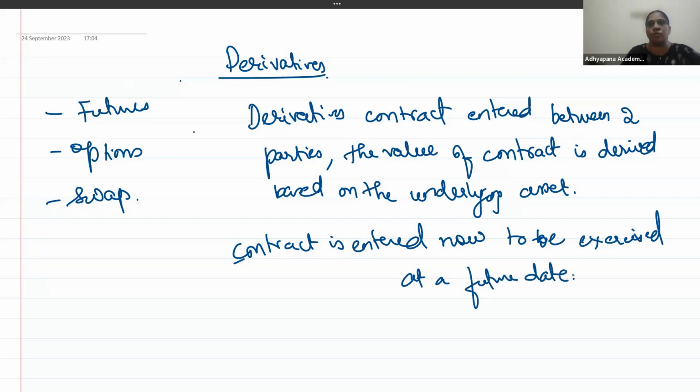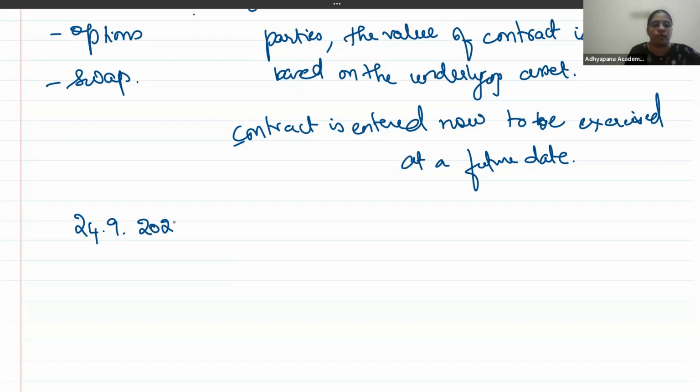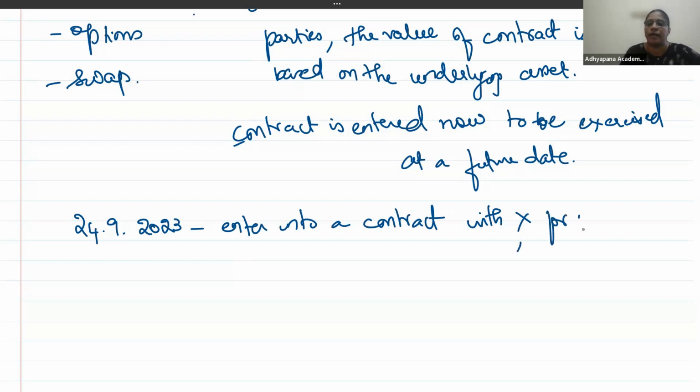Just to give you an example, today is 24th of September, 24th of September 2023, and I enter into a contract with some party X, for either purchase or sale of an asset, generally shares.